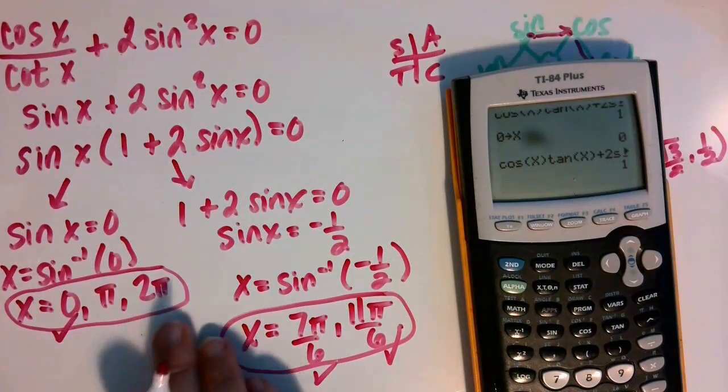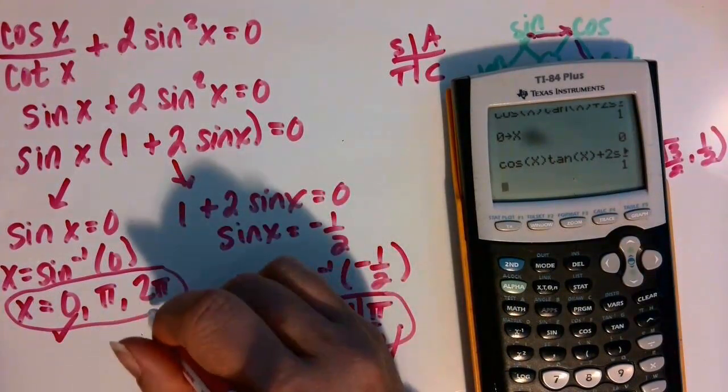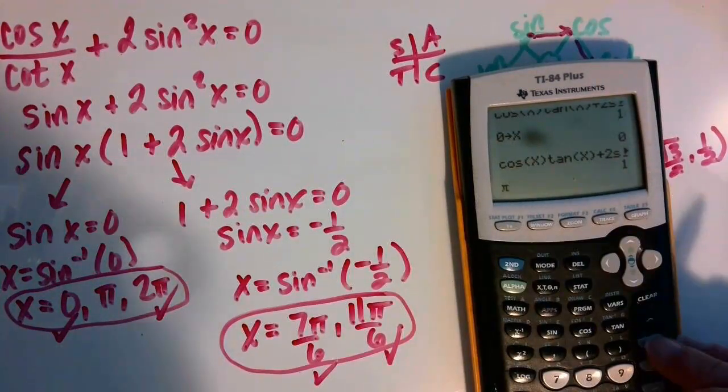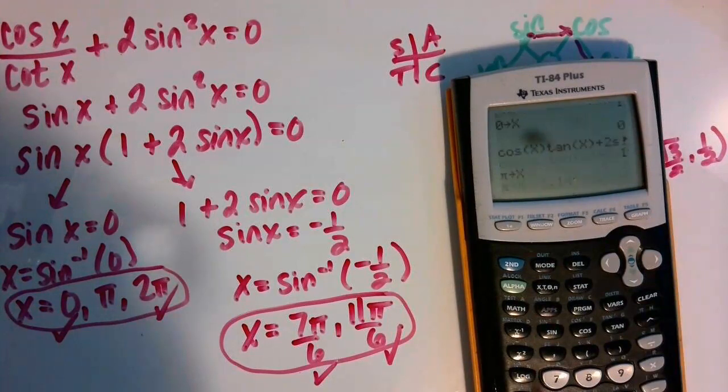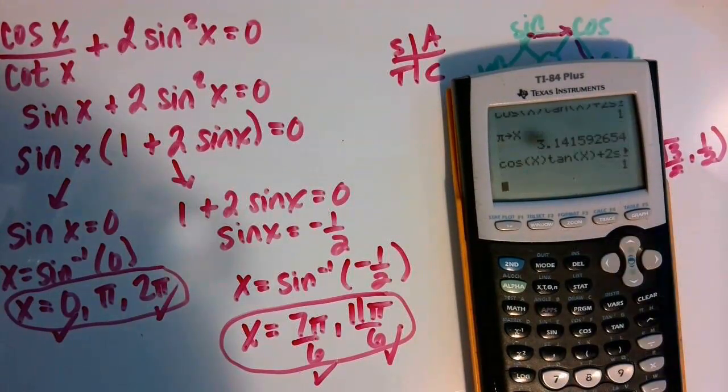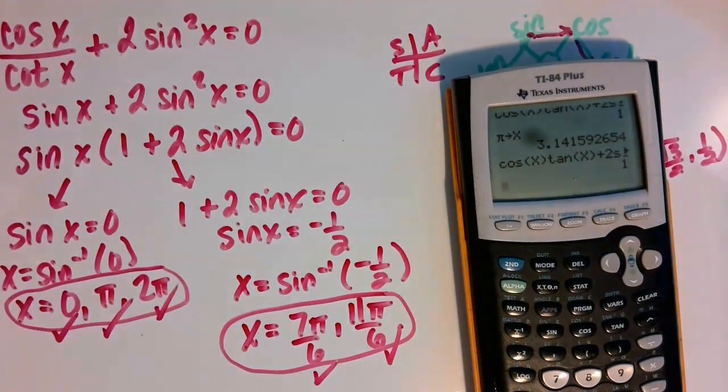If 0 checks, 2 pi has to check, right, because they're coterminal angles. So our last answer to check is pi. We'll store that as x, arrow up, and there we go, we get another 1. And so all 5 answers to this trig equation check: 0, pi, 2 pi, 7 pi over 6, and 11 pi over 6.